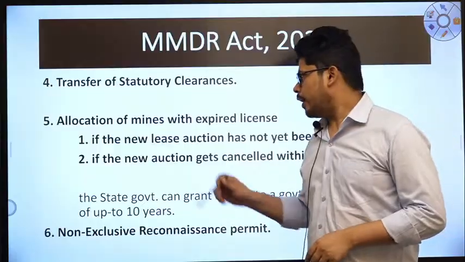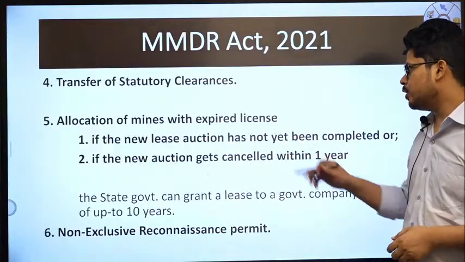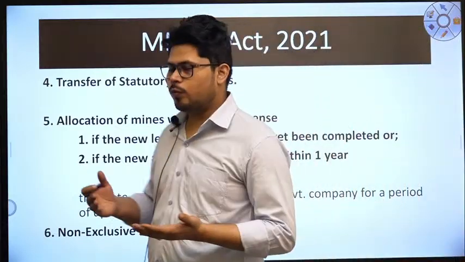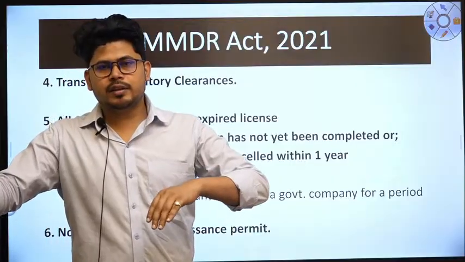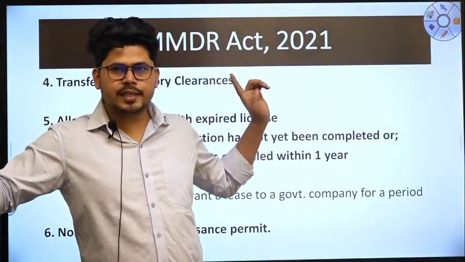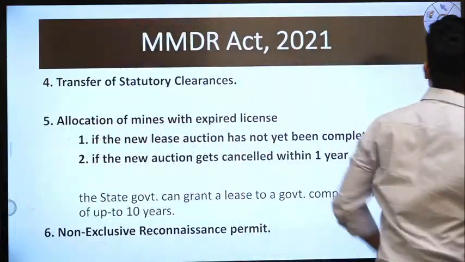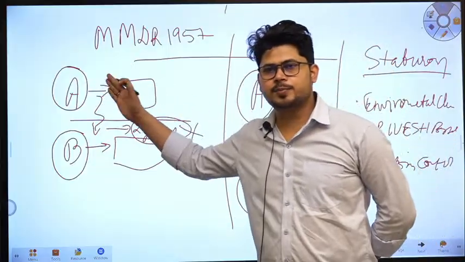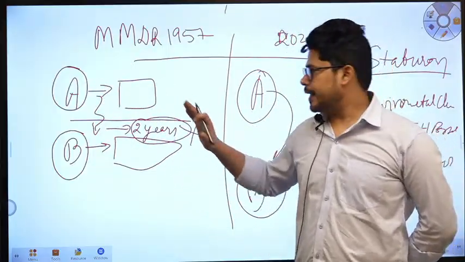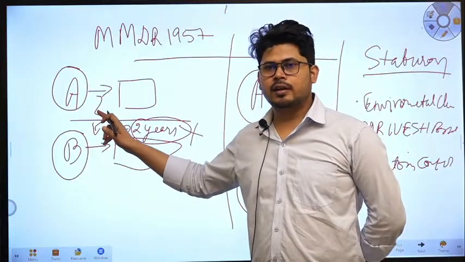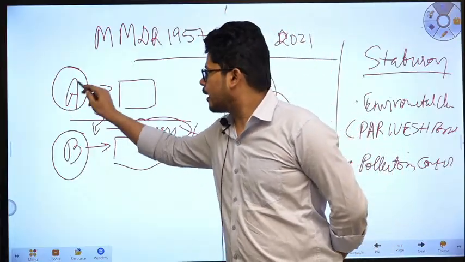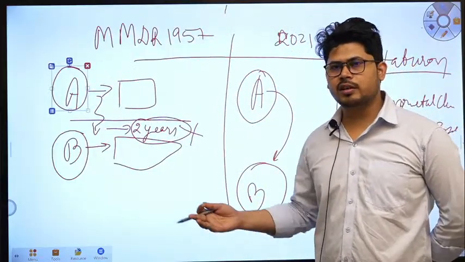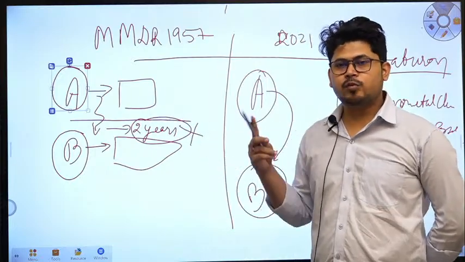Okay. Now allocation of mines with expired license. When a company, for example, the example we took recently was, for example, if a company इस कंपनी का लाइसेंस एक्सपायर हो जाता है, ठीक है, तो स्टेट गवर्नमेंट कैन यूज that. And for example if the mining license of company A has expired and the state government is not able to auction that mine to some other company, then what state government can do?